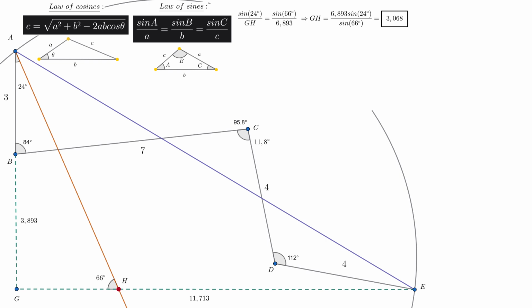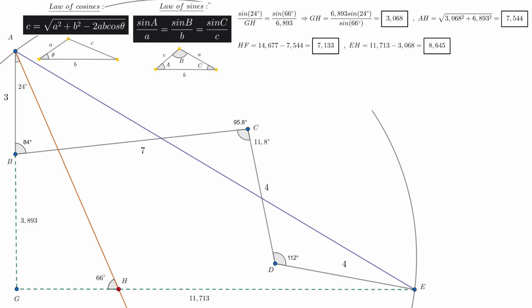And AH from the Pythagorean theorem is square root of 3.068 squared plus 6.893 squared, which is 7.544. And HF is 14.677 minus 7.544, which is 7.133. And EH is 11.713 minus 3.068, which is 8.645. So we found AH, HF, and EH.